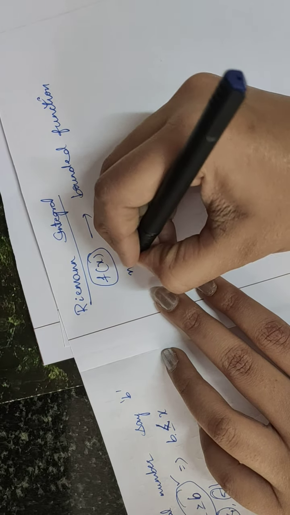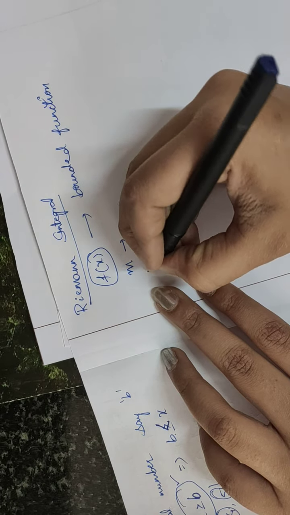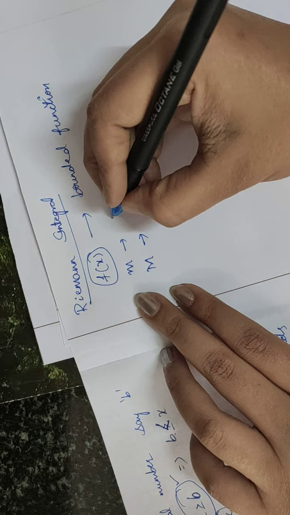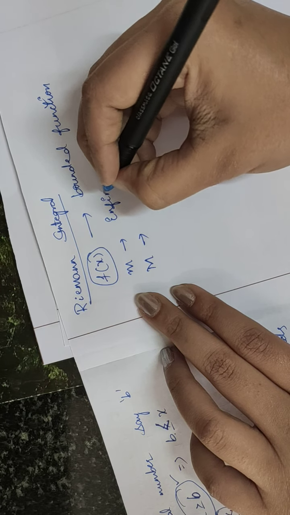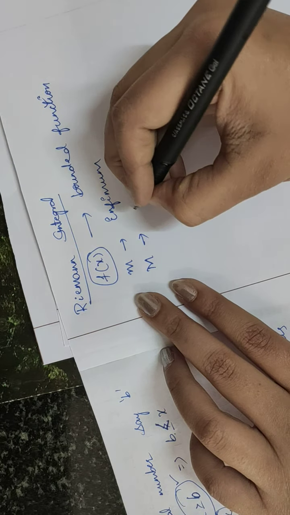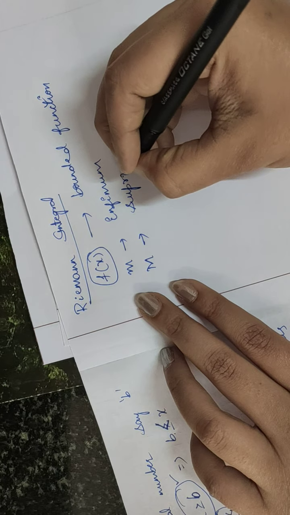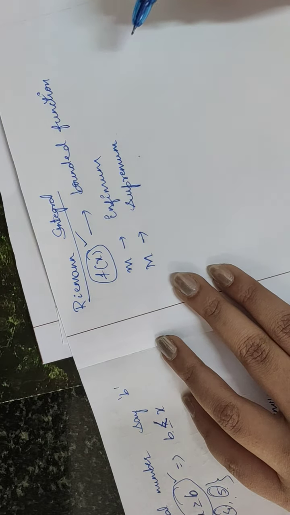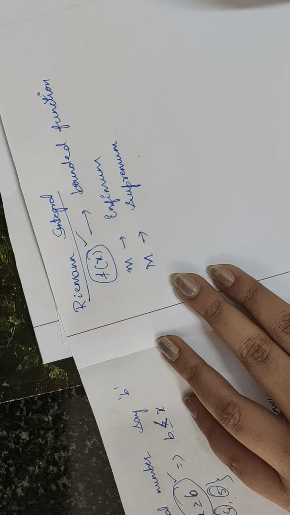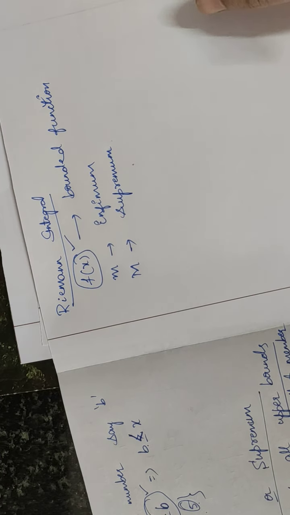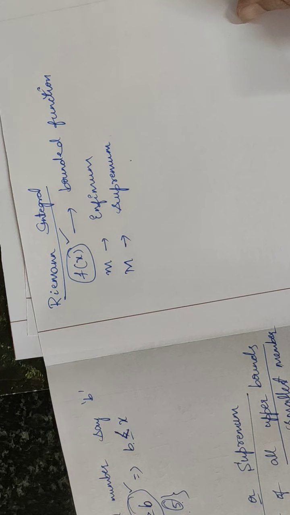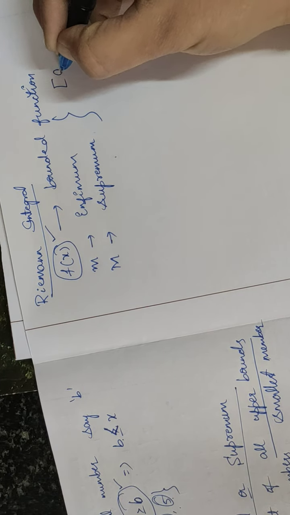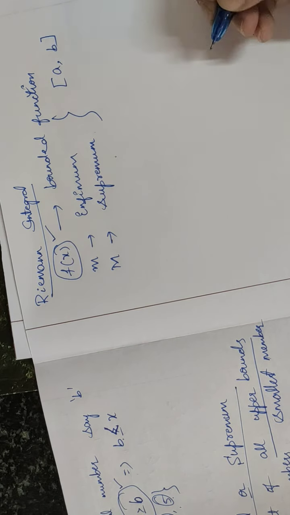I will denote the infimum and supremum as small m and capital M. Your small m will be the infimum and capital M will be the supremum. Since it is a bounded function, it has an infimum as well as a supremum in the closed interval a comma b.